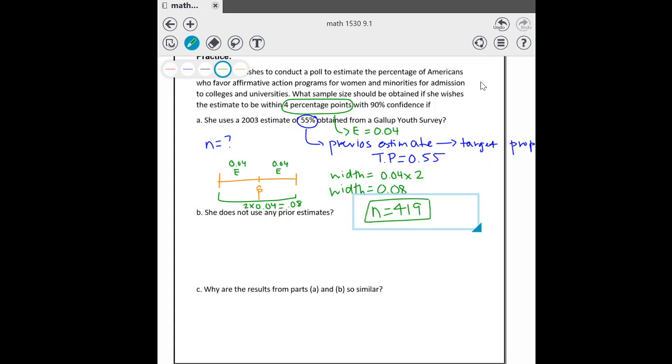Second question, part B says she does not use any prior estimates. So our target proportion is no longer 0.55. We're not going to use a previous estimate.